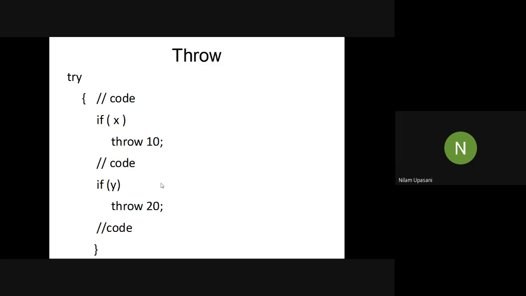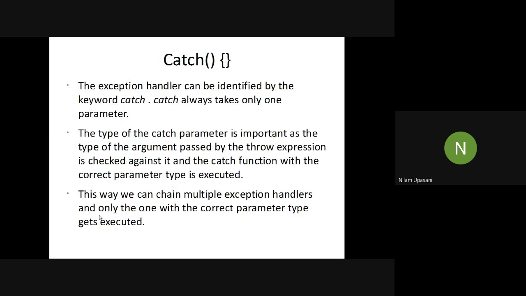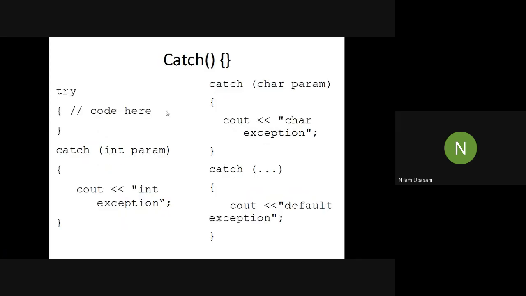So in one try block, you may have multiple throw statements based on different situations. Like this is maybe a divide by 0 error, this is an array index out of bound. So based on how many conditions you want in your program, you can have multiple throw statements in one try block. And based on that, you will have multiple catch also.